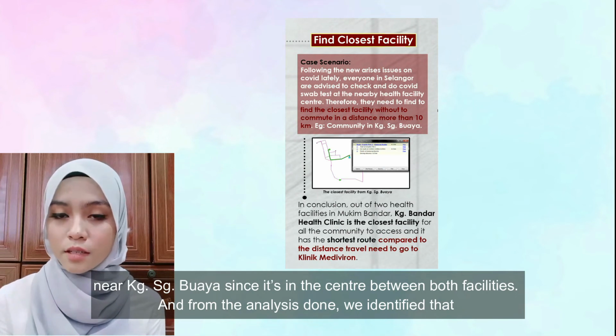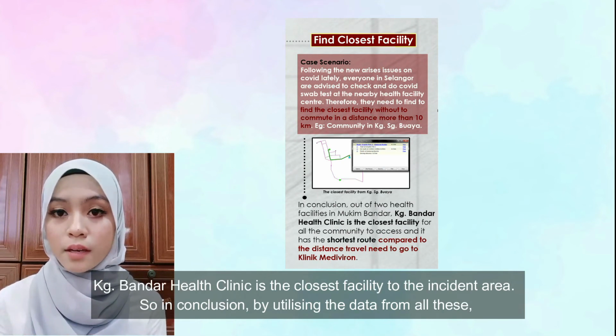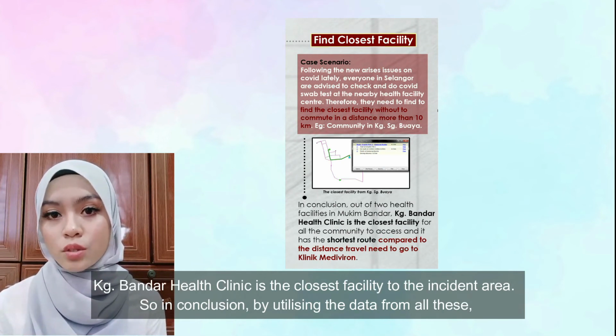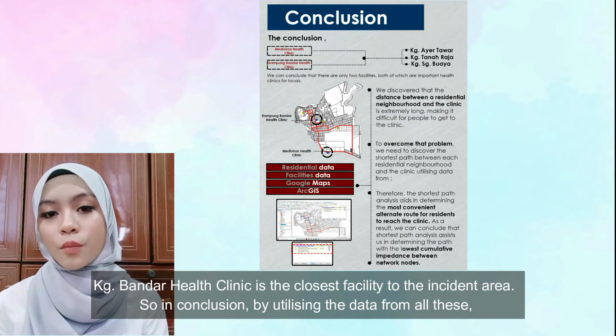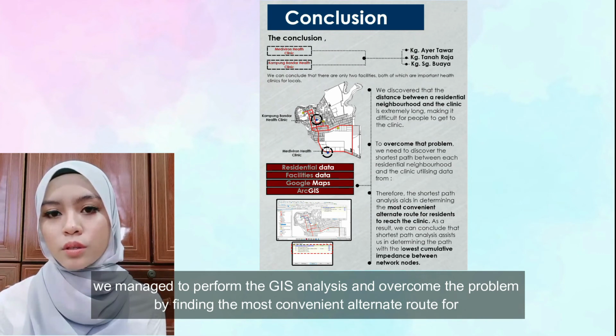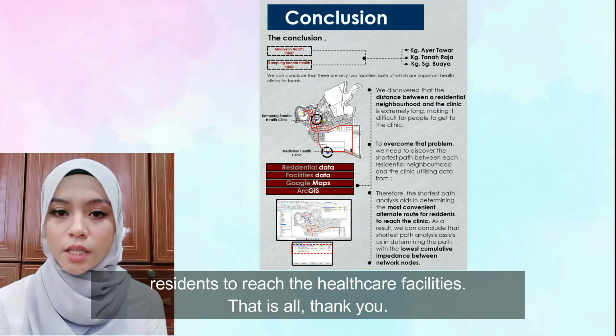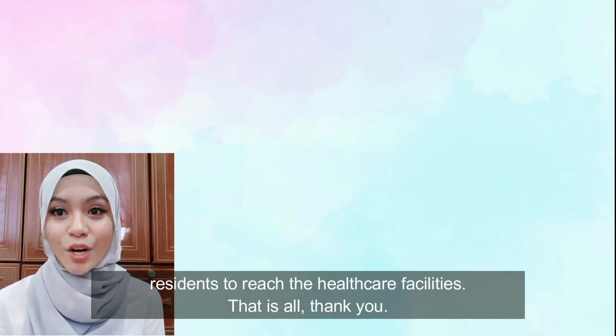From the analysis done, we identified that Kampung Bandar Health Clinic is the closest facility to the incident area. So in conclusion, by utilizing the data from all this, we managed to perform the GIS analysis and overcome the problem by finding the most convenient alternate route for residents to reach the healthcare facilities. That is all. Thank you.